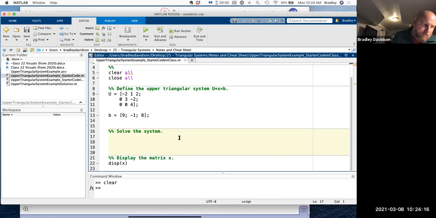So we've got x1 is equal to b1 minus u12 x2 minus u13 x3 divided by u11, x2 is equal to b2 minus u23 x3 divided by u22, and then x3 we said is b3 divided by u33.